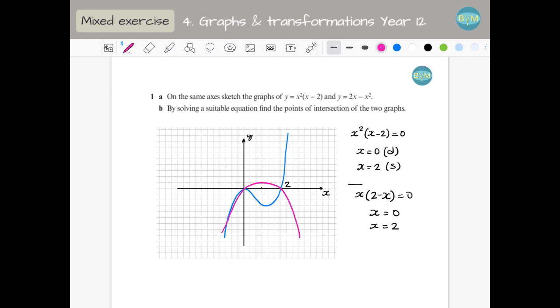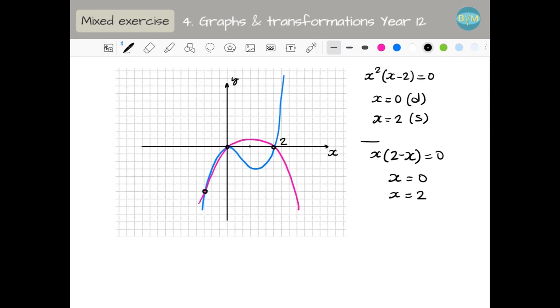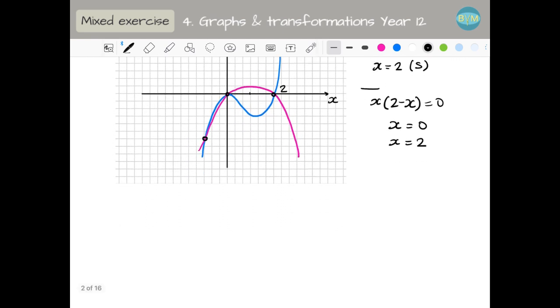Then by solving a suitable equation, find the points of intersection of the two graphs. We have 1 point here, 1 point here, and 1 point here. Depending on how you do the drawing, if you draw the cubic like this, and then the quadratic like this, it won't look like you have 3 points of intersection.